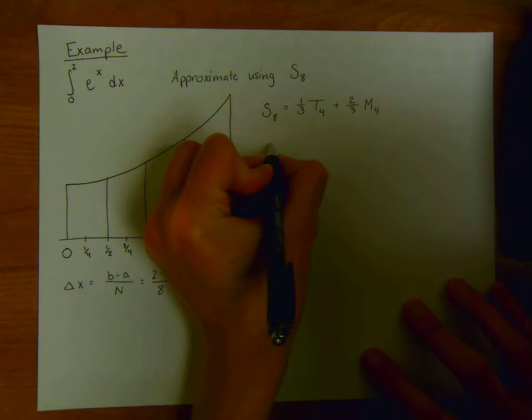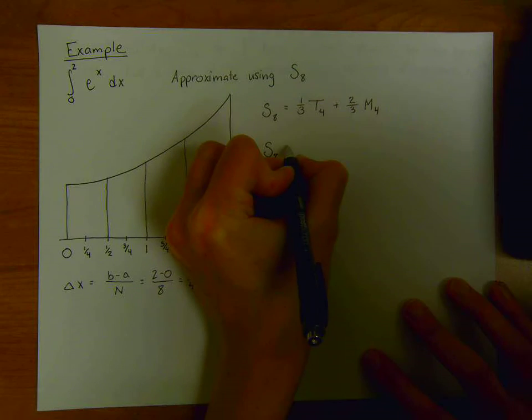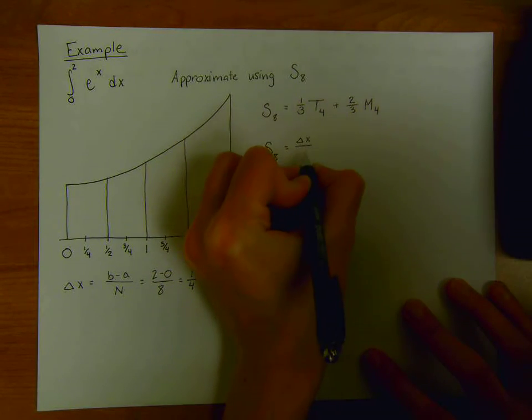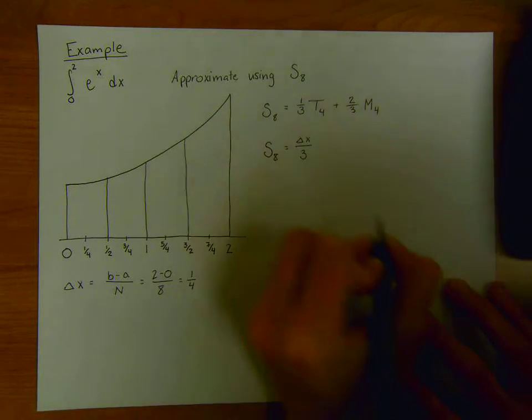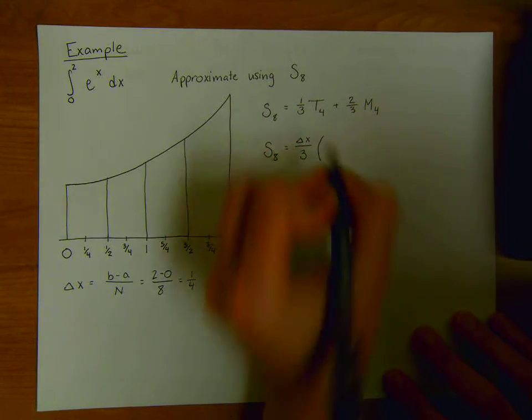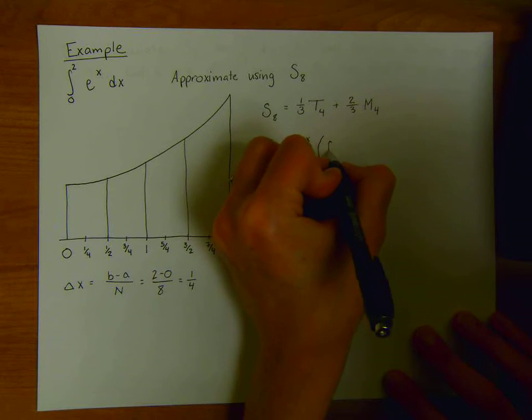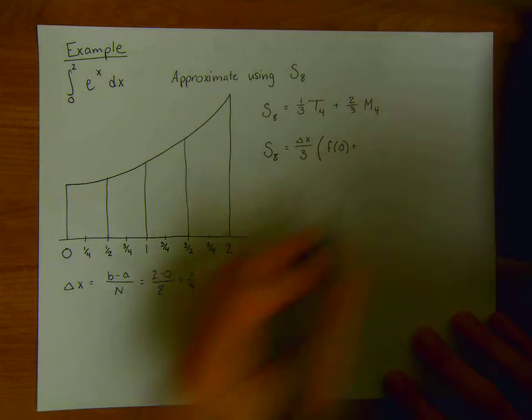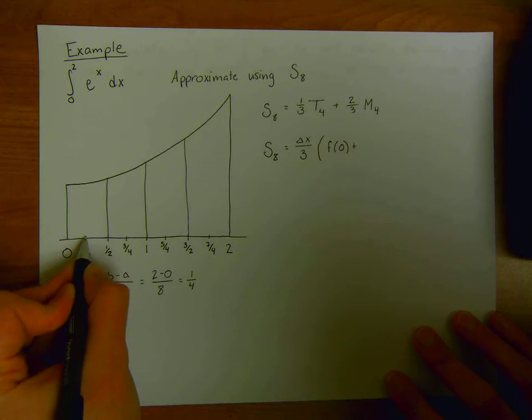So looking back at our formula, S sub 8 is going to be equal to delta x over 3 of 1 copy of the first thing, f of 0, plus 4 copies of the midpoints.